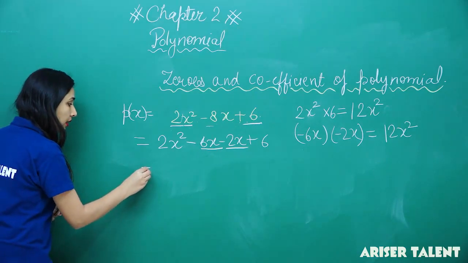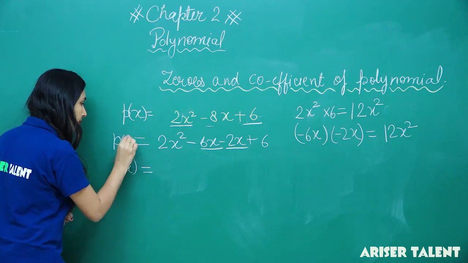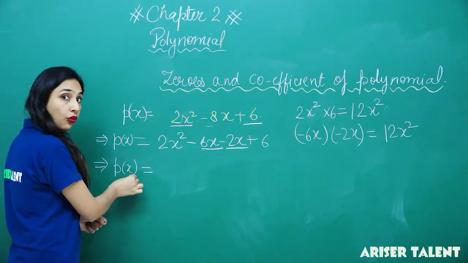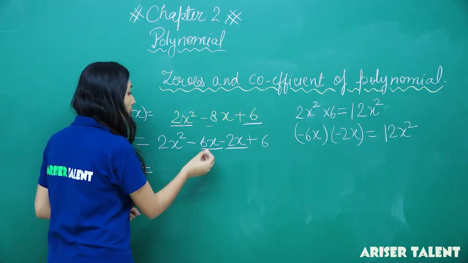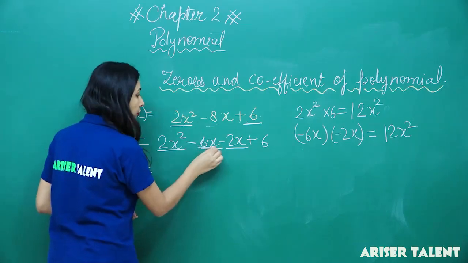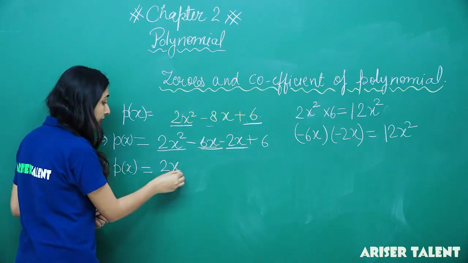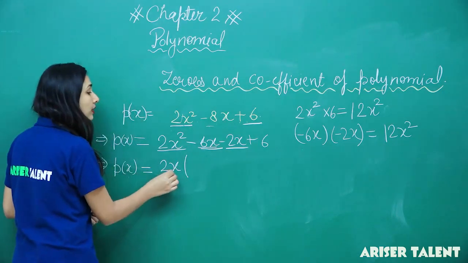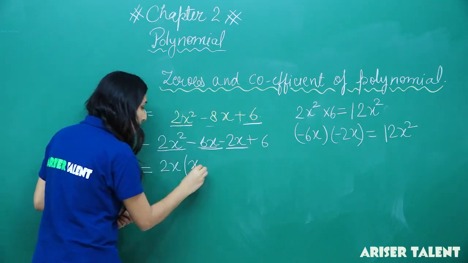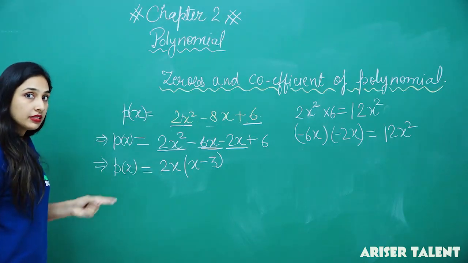So, how can we again solve this? Implies that polynomial of x, how can we solve it? 2x is common here, also here. So, can I take out 2x here? If I take out 2x common here, what is left over here? x minus 3. Is that so?